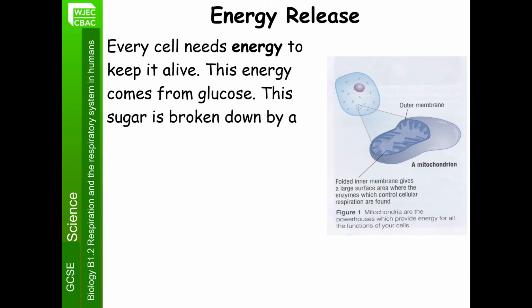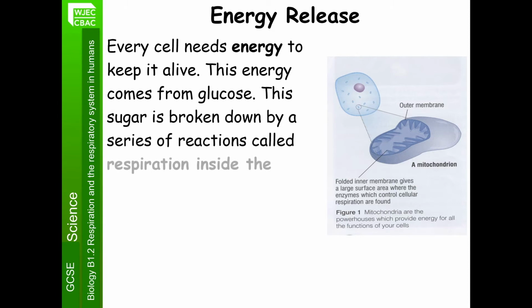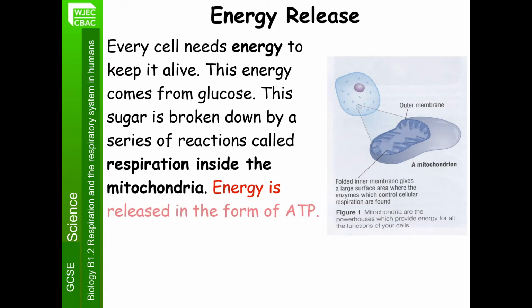This is a very simple sugar, glucose, and it's broken down by a series of reactions called respiration inside the mitochondria. Very importantly, that we learnt about in the last unit, energy is released, and it's in the form of ATP. Adenosine triphosphate is its name, but you just need to know it simply as ATP.